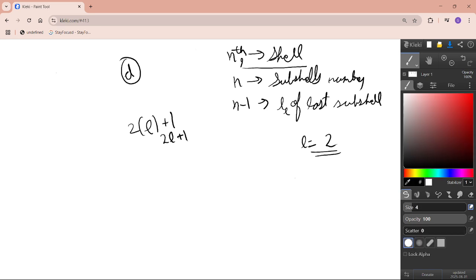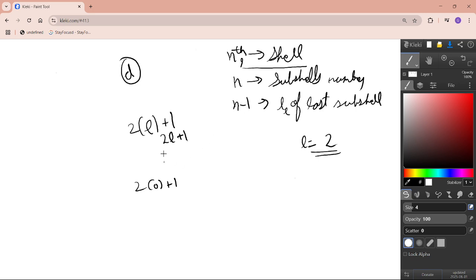Right. Now let's say for this nth shell, of course the azimuthal quantum number starts from 0. So for the nth shell, the first subshell has 2 times 0 plus 1 orbitals, right?